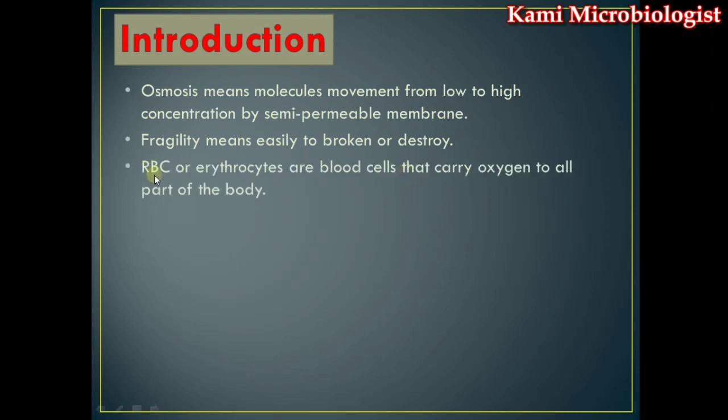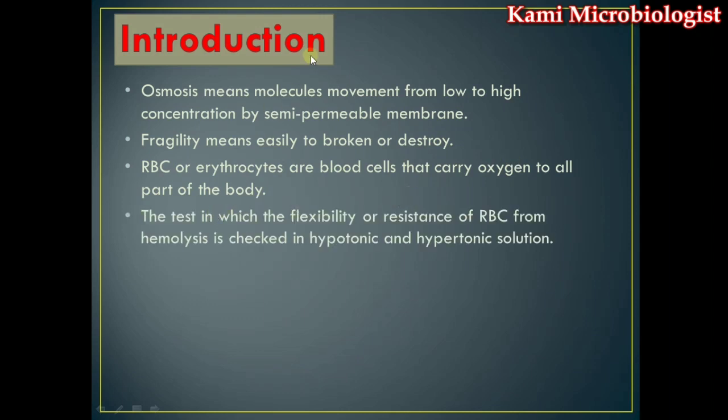Then we have RBC or erythrocytes. All of you better know RBC or erythrocytes are the type of blood cells that carry oxygen to all parts of the body. Then we have the test. The osmotic fragility test measures the RBC ability.